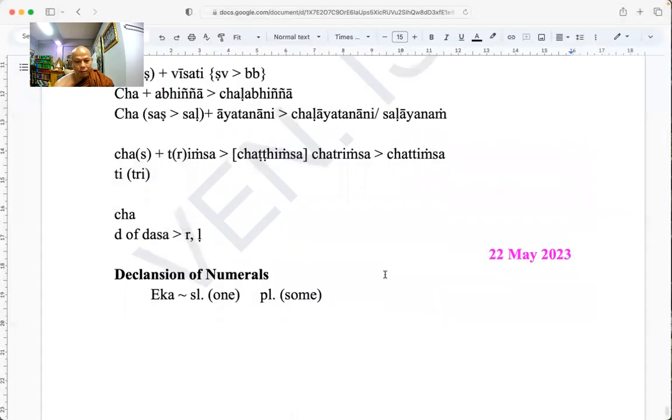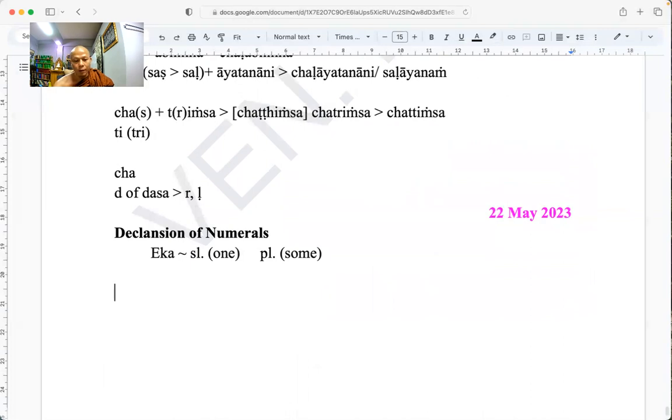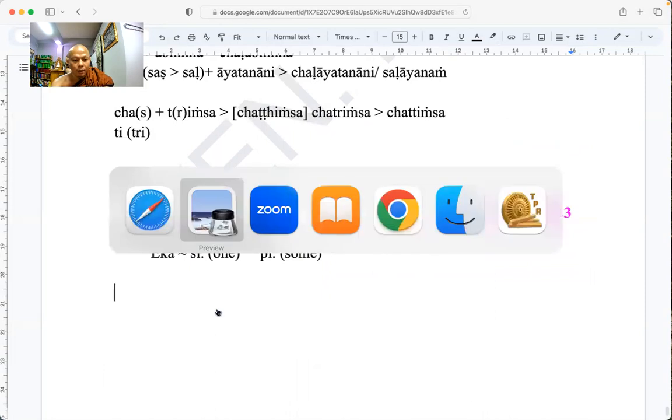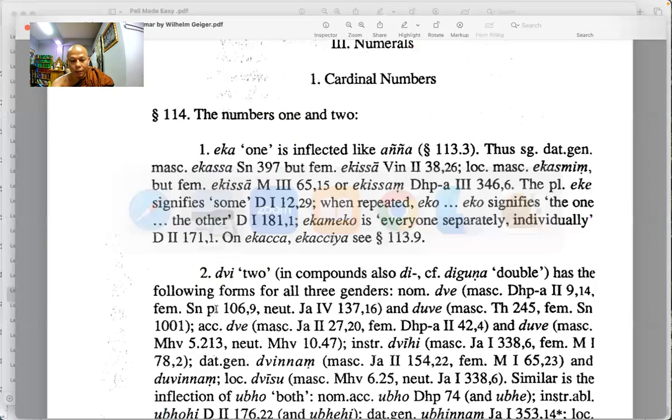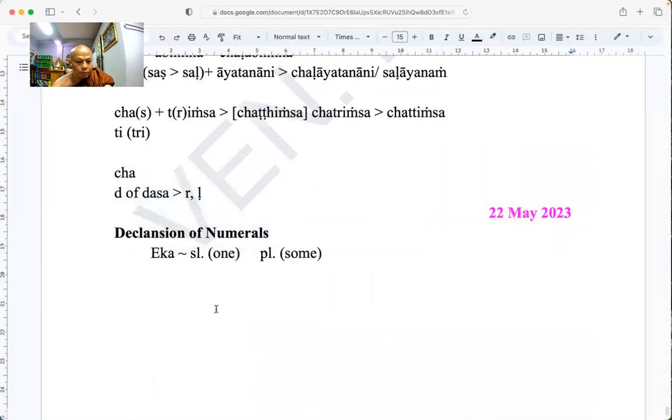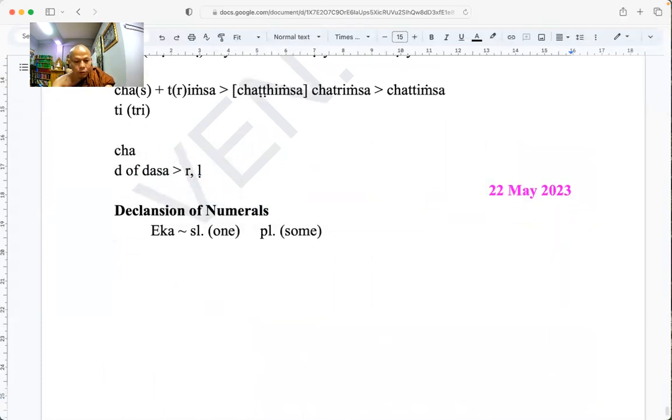So here, eka is the same as sabba, which we also learned. Firstly masculine, singular and plural.